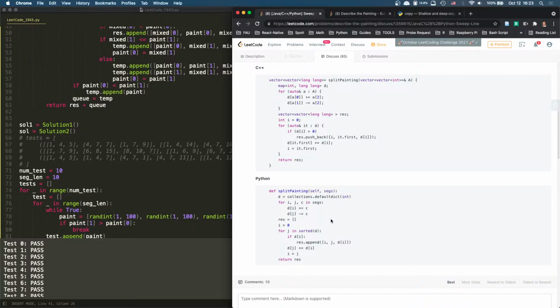Okay, the reason we do minus is because when we go into that position, we say the previous value plus this value. So we have segments, and we are looking at each individual one. At each position, we need to find the delta.